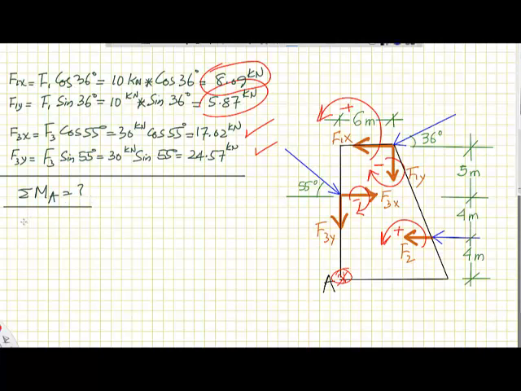So we have F1x is positive, so plus F1x, and the distance for F1x is given as 5 plus 8, which is equal to 13 meters. And for F1y is negative, minus F1y multiplied by the distance, which is given as 6 meters.